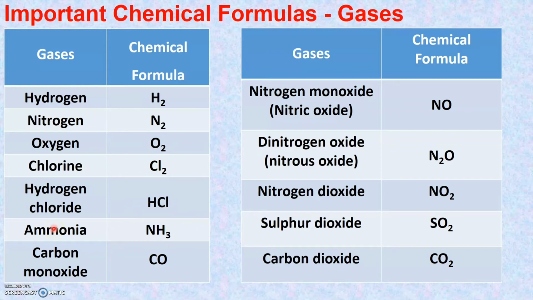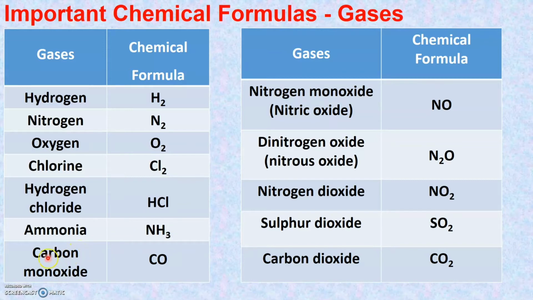The chemical formula of ammonia is NH3. So here we see that 1 atom of nitrogen is present and 3 atoms of hydrogen are present. So what is the atomicity here? Atomicity is equal to 4 because 1 atom of nitrogen and 3 atoms of hydrogen.